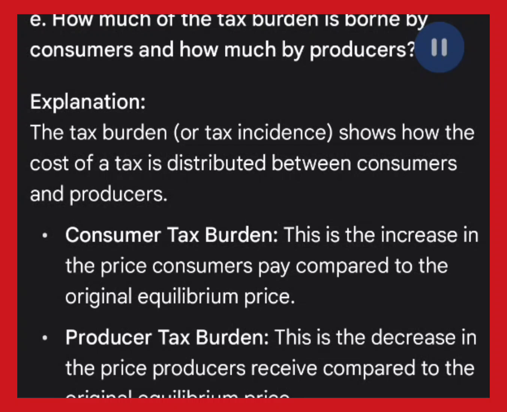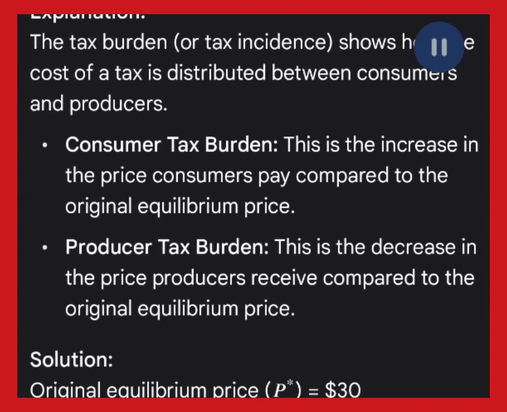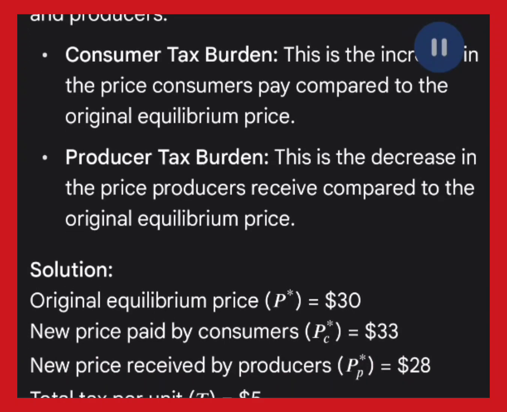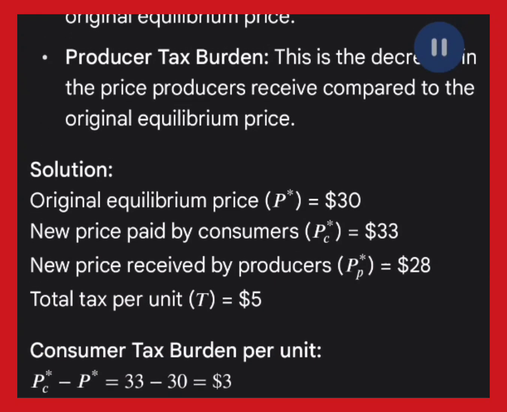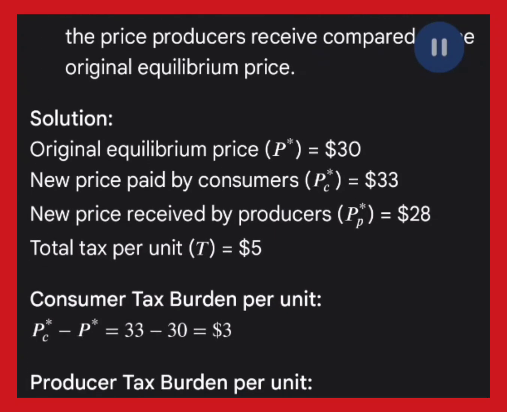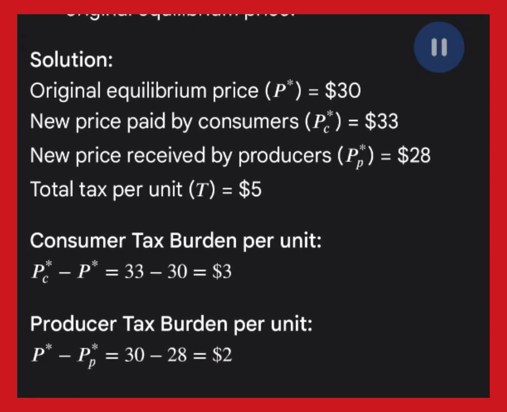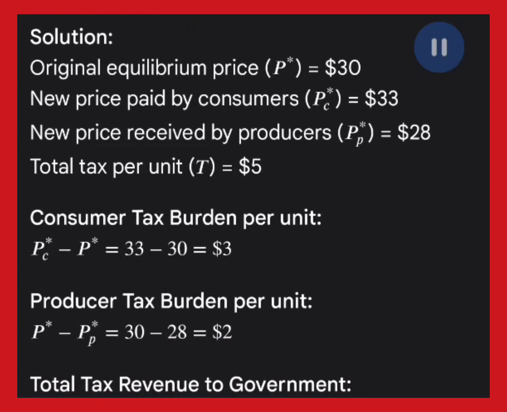Producer tax burden: this is the decrease in the price producers receive compared to the original equilibrium price. Solution. Original equilibrium price P* = $30. New price paid by consumers P_C = $33. New price received by producers P_P = $28.